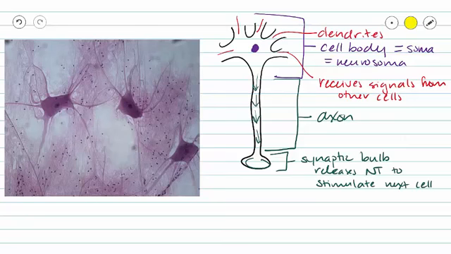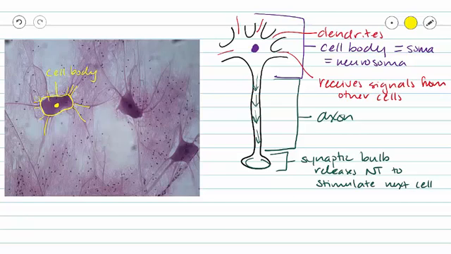So let's take a look at our picture and see if we can identify some of these structures. So here we see a cell body and a nucleus, and we also see several processes coming off of our cell body.